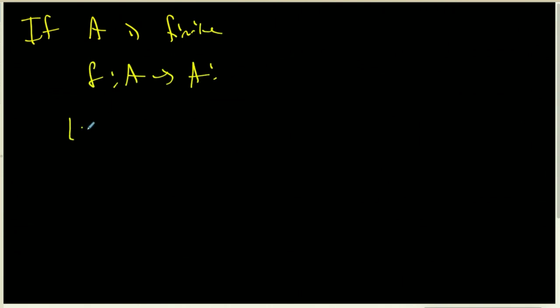So the idea here that's important is that in the finite world, and I want to write this as a final conclusion, if A is finite and f goes from A to A, then one-to-one and onto mean the same thing.